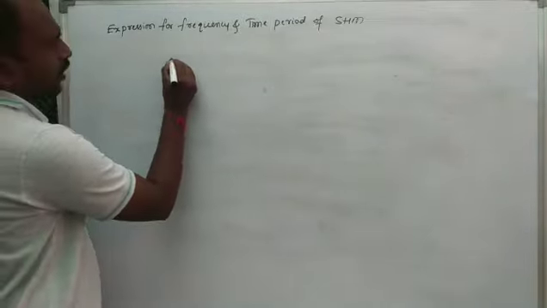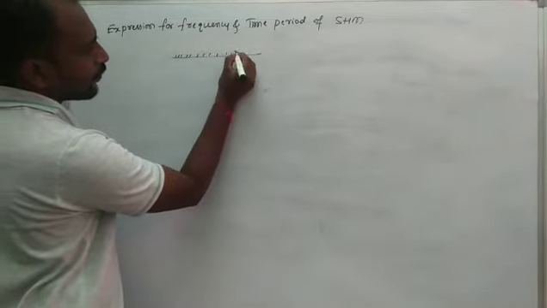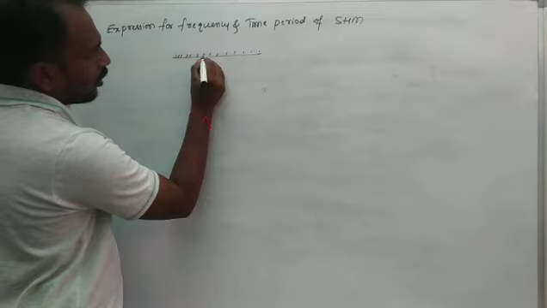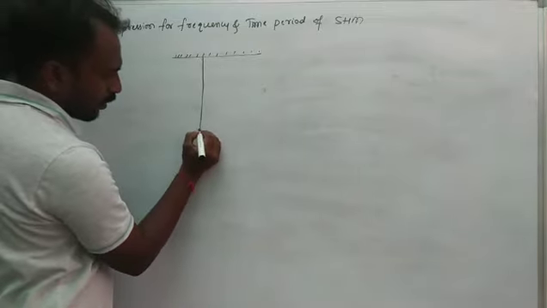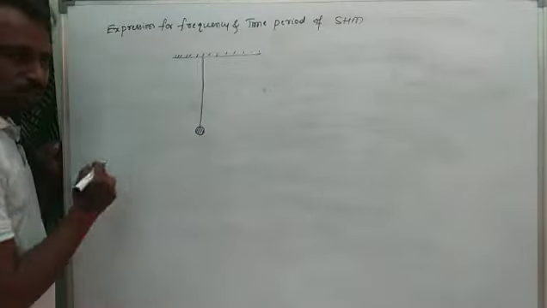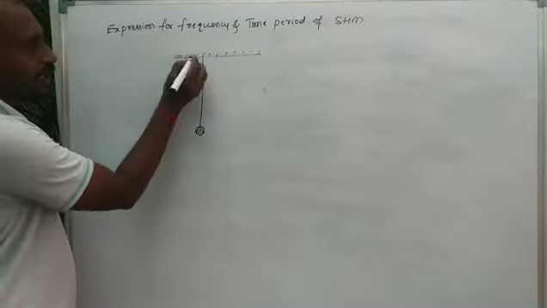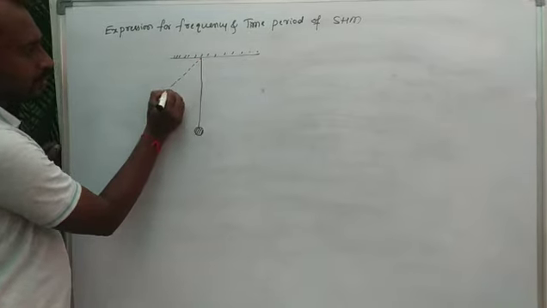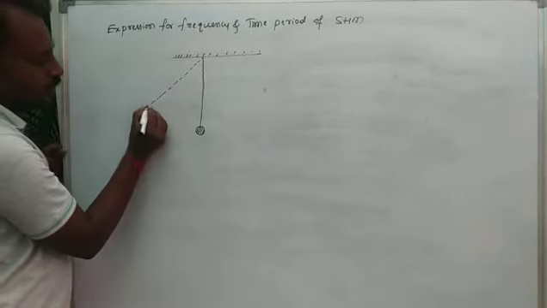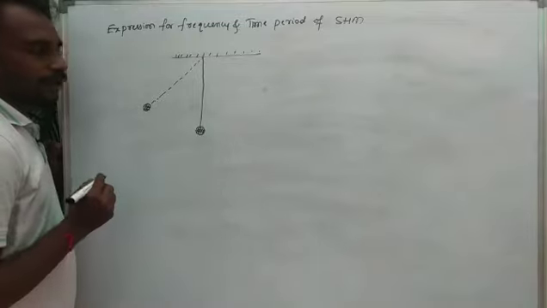Here this is a rigid surface, this is the simple pendulum thread, and this is a bob. When you apply the force, what happens? It starts oscillating.